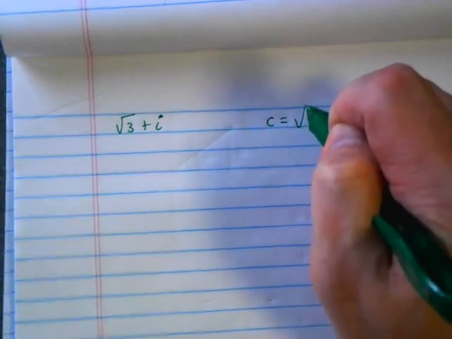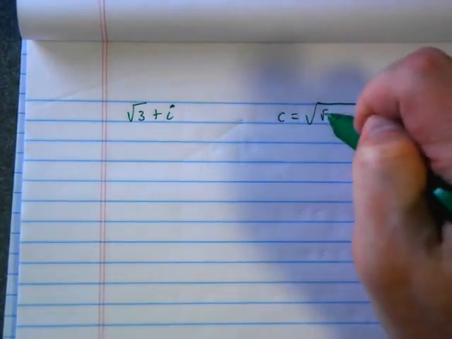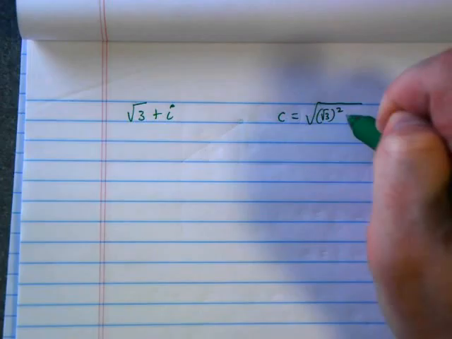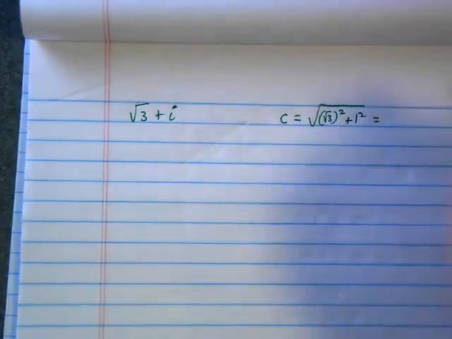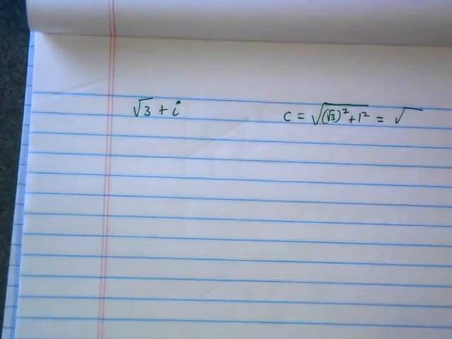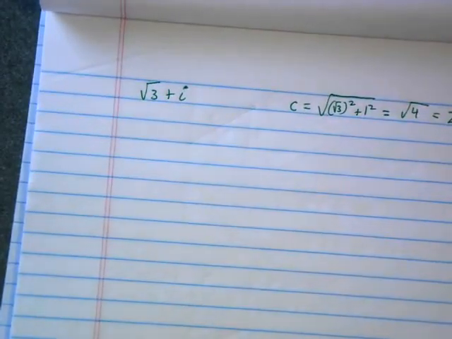Square root of 3 squared plus 1 squared. Square root of 3 plus 1? Square root of 4? Turns out to be a real nice number. Turns out to be 2.